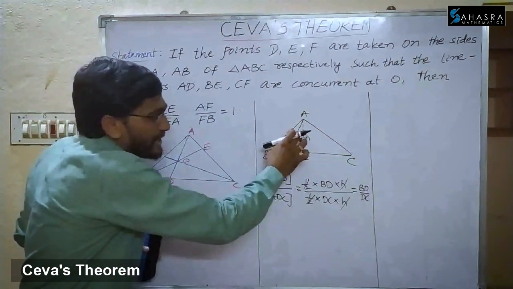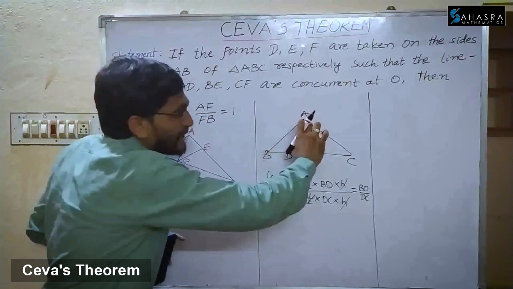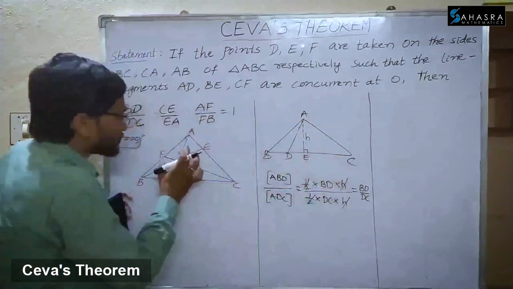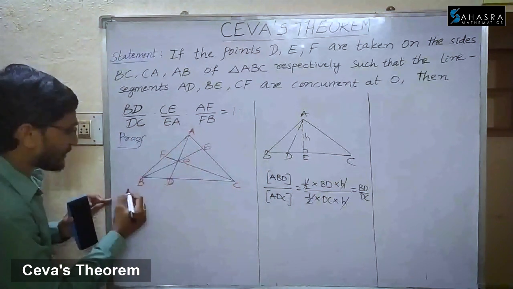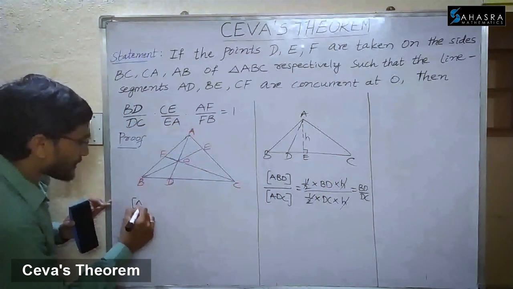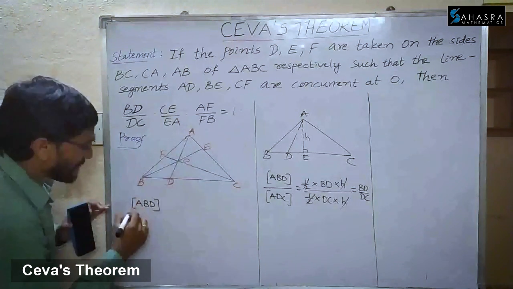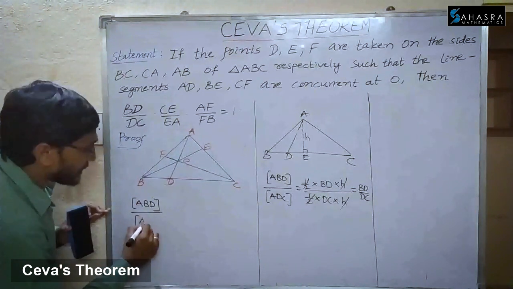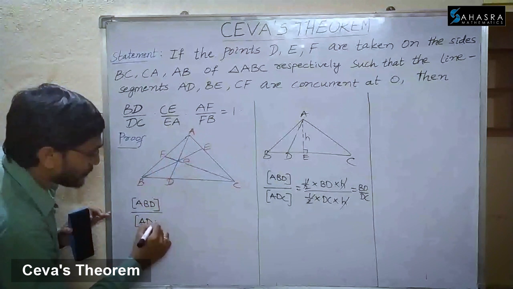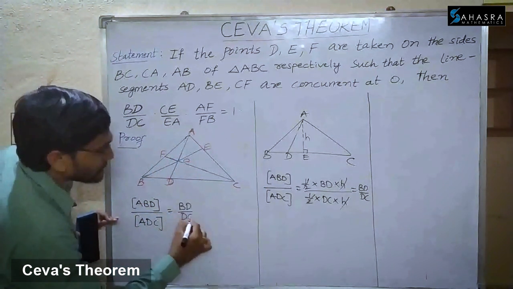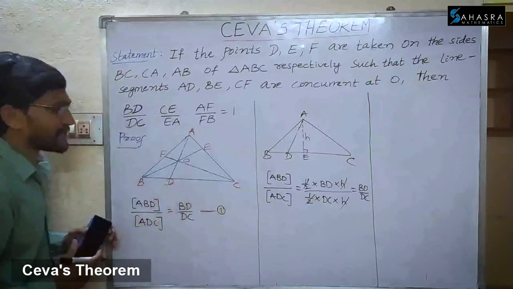Then the area of triangle ABD divided by the area of triangle ADC is nothing but BD by DC. So for this triangle we can write the area of triangle ABD divided by the area of triangle ADC is equal to BD by DC. So it is one of the equations.